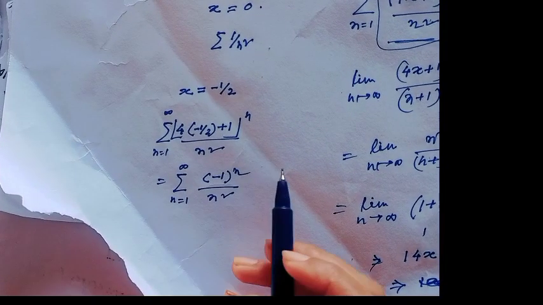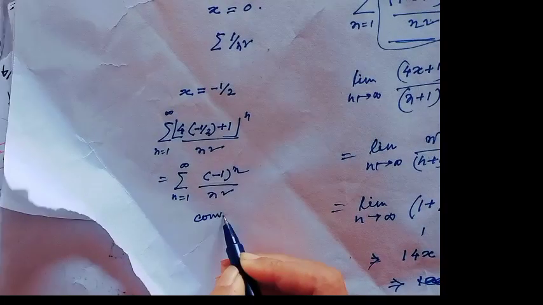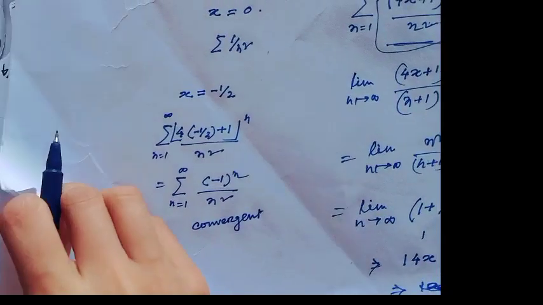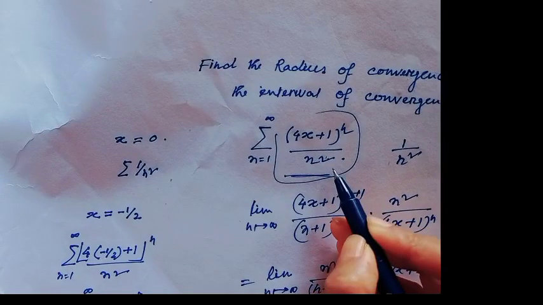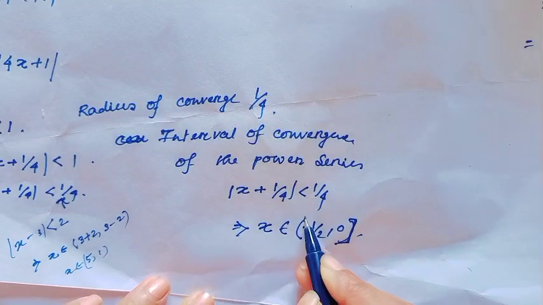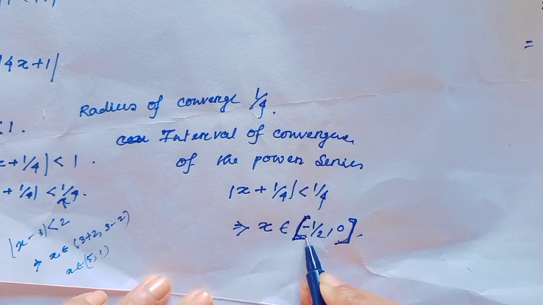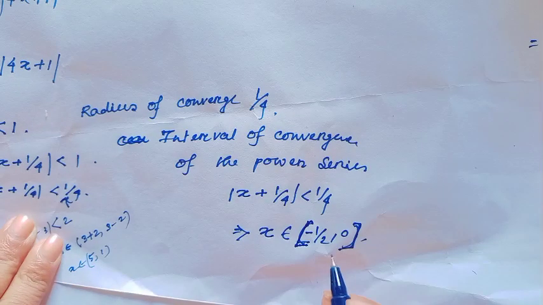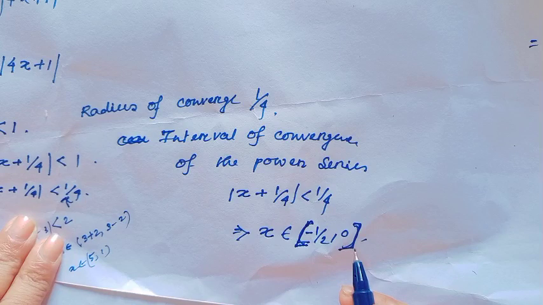Since this power series is convergent, therefore, in the interval of convergence, minus half is also included. That means the interval of convergence of this power series is minus half to 0.